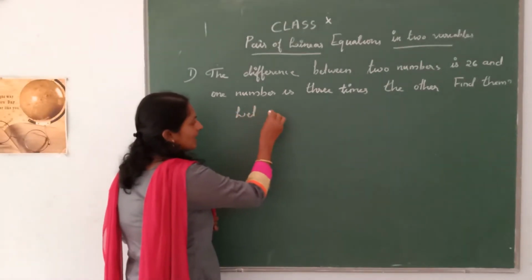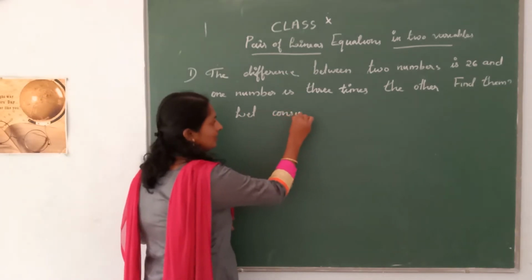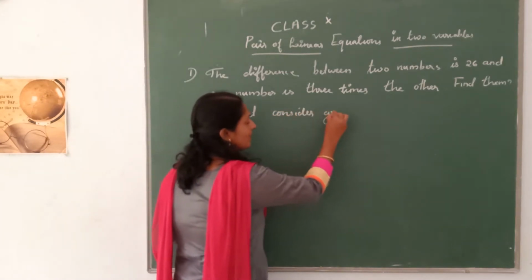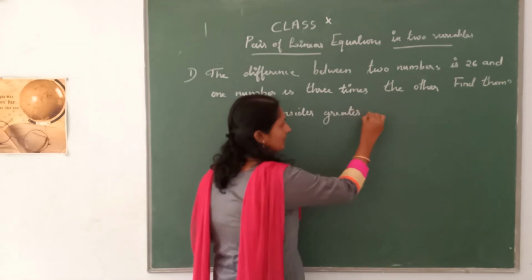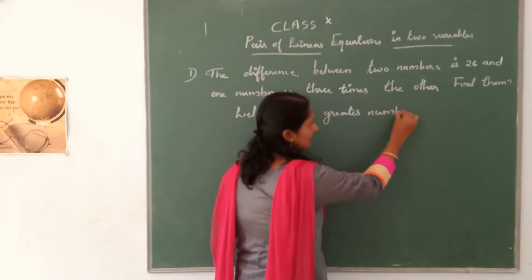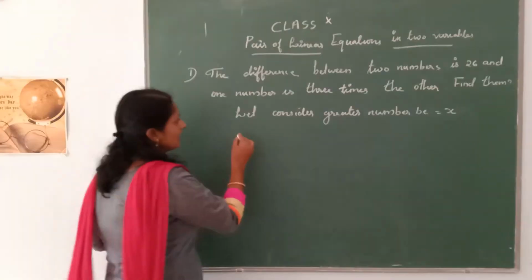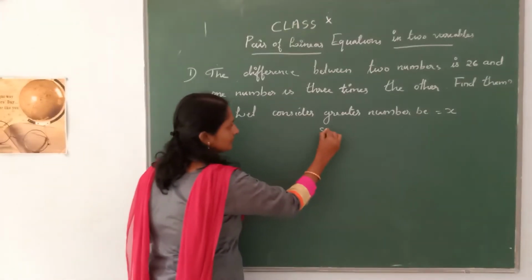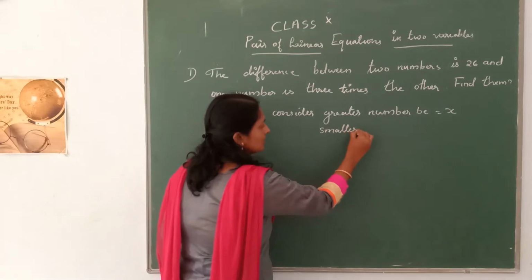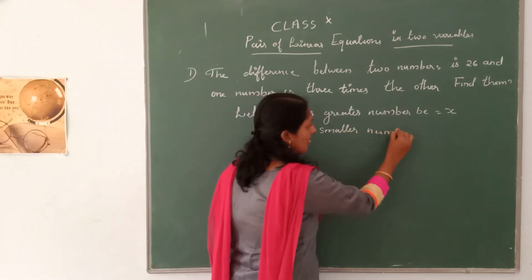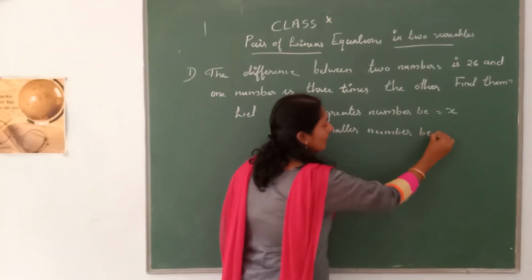Let us consider the greater number be x. Then the smaller number is y.